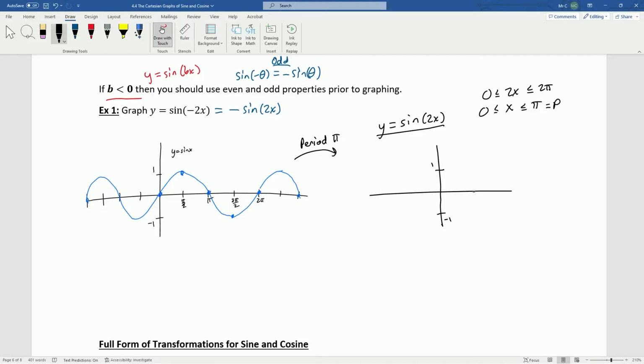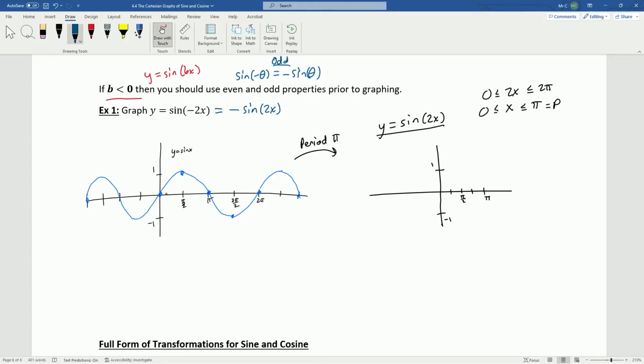So here's what I'm going to do. I'm going to take all of my space from 0 to pi. Now notice from 0 to 2 pi, I have 4 marks on my graph, other than the y-axis. So from 0 to pi, I want to have 4 marks on my graph. That means my center mark here is pi over 2, right? And the other ones will be pi over 4 and 3 pi over 4.